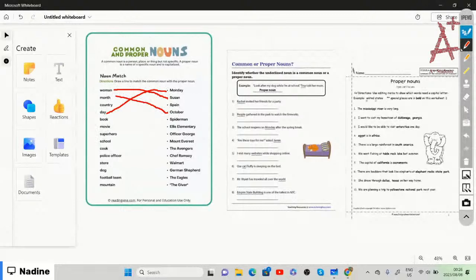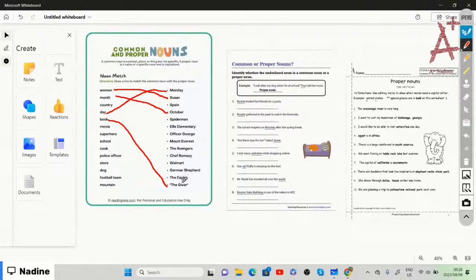If we look at the words on the right, which are the proper nouns, it means that we need to identify the book. So let's say maybe the book is The Giver.